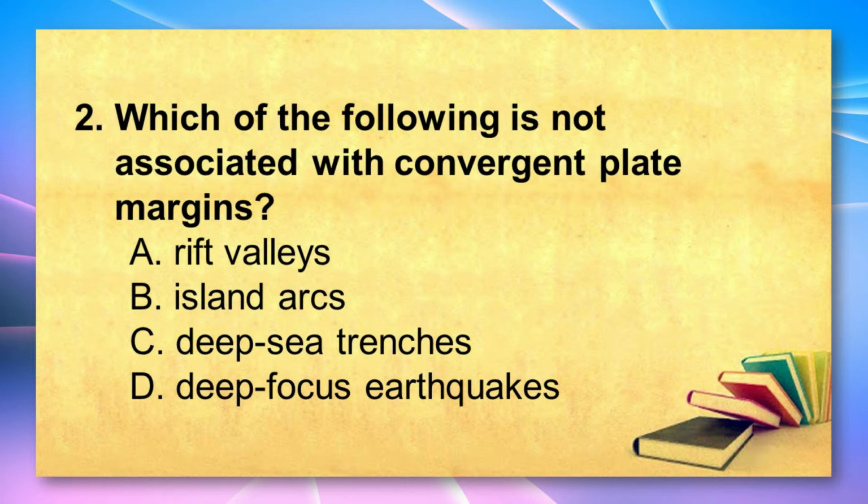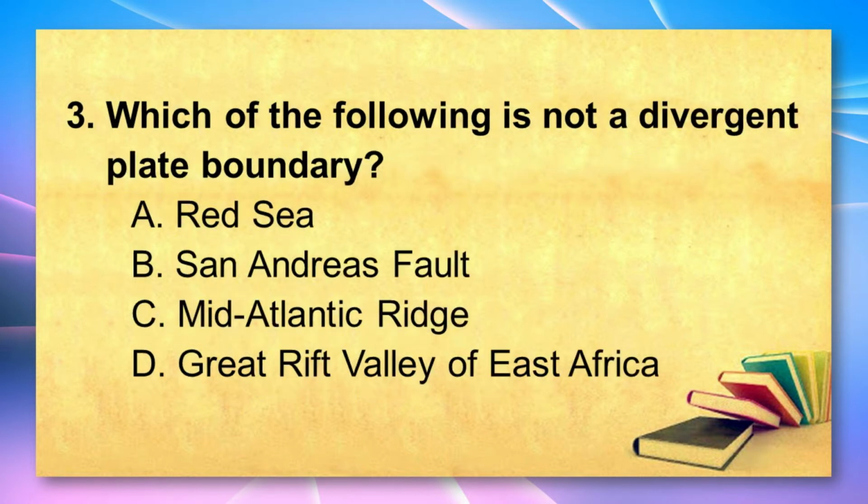C. Deep sea trenches. D. Deep focus earthquakes. 3. Which of the following is not a divergent plate boundary? A. Red Sea. B. San Andreas Fault. C. Mid-Atlantic Ridge. D. Great Rift Valley of East Africa.